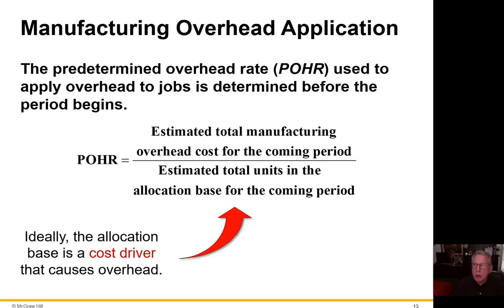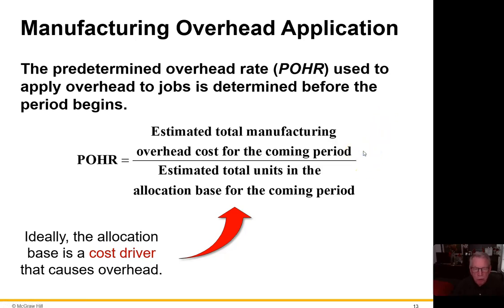So what we do is we use the predetermined overhead rate, abbreviated POHR, and we apply the overhead to jobs in that way. At the beginning of the year, typically, we estimate the total amount of overhead cost for the next year, usually. It doesn't have to be yearly. We can do it on a monthly basis, but typically we don't do it that way.